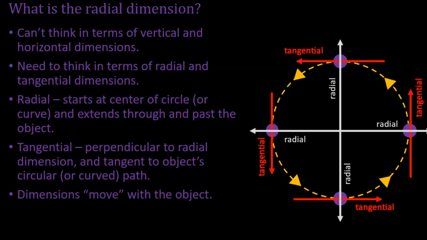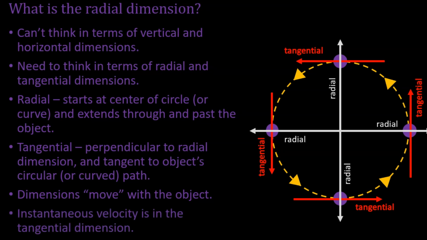You could put the ball or the object at any point in this circle, and the radial dimension will start at the center and run through the object and beyond the object, and the tangential dimension will be the tangent line to the ball at that specific point in the circle.